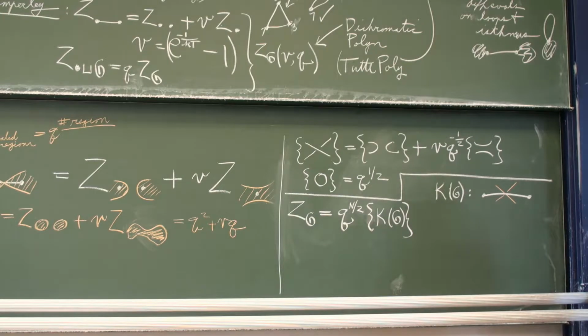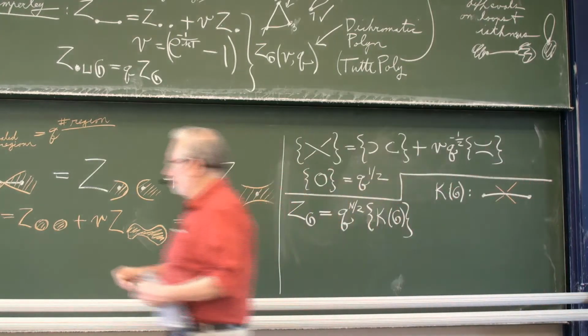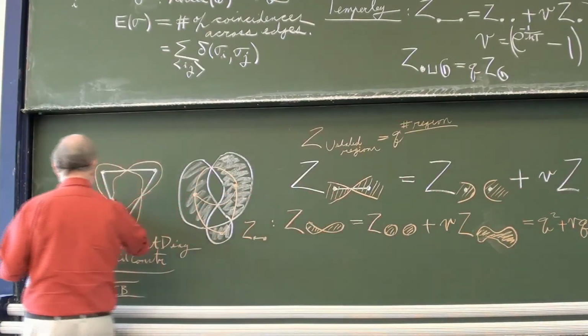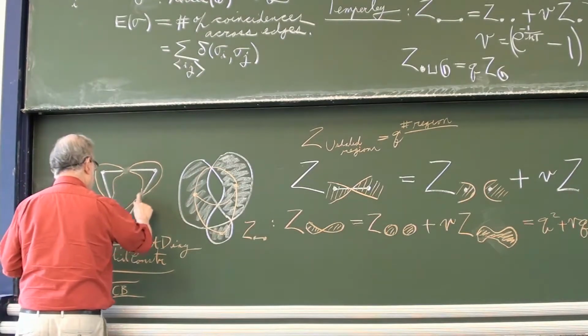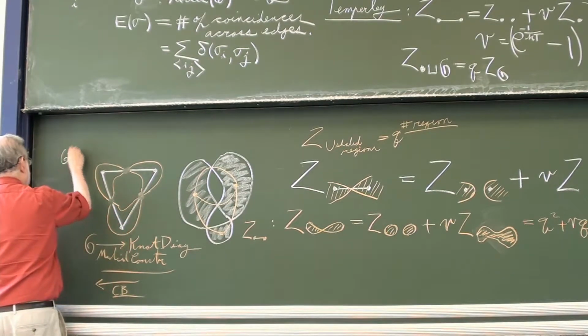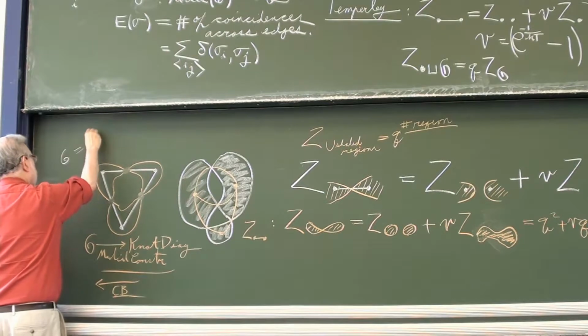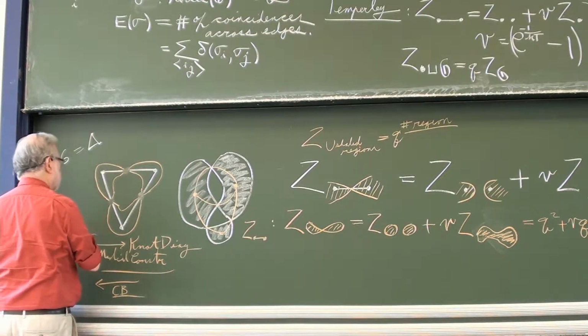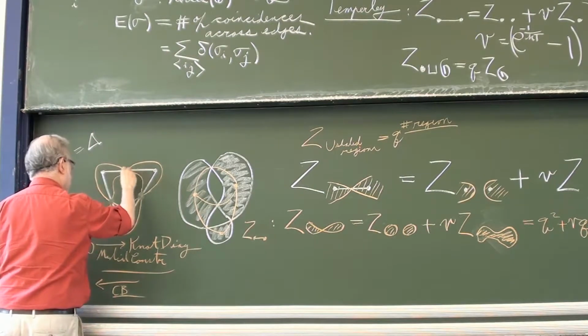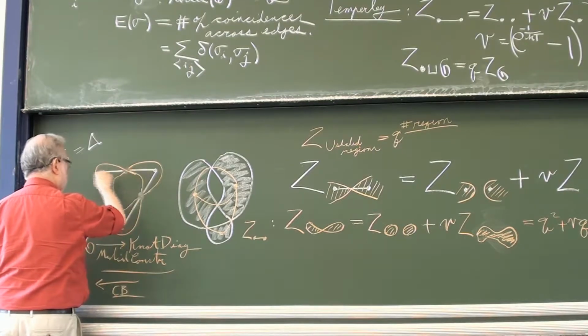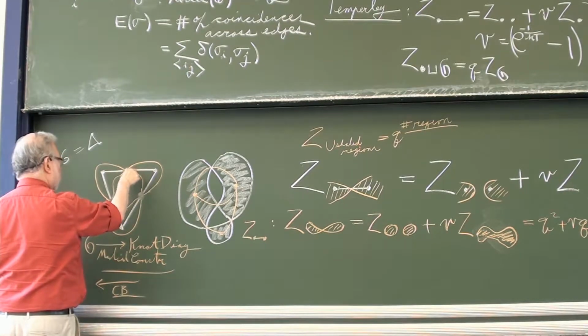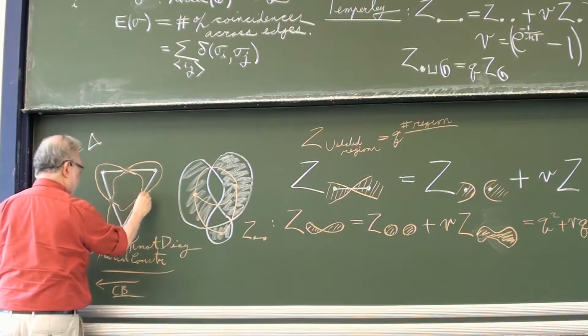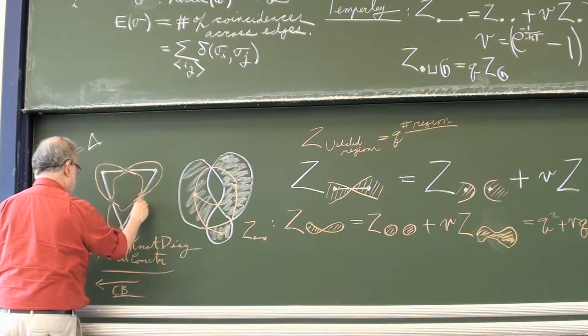So if we were to go back to this and form K of G, where G is equal to the triangle graph, then K of G is always put in crossings of this kind, so that the line of the graph is going through the A-type smoothing, if you're used to that, and make them all the same.